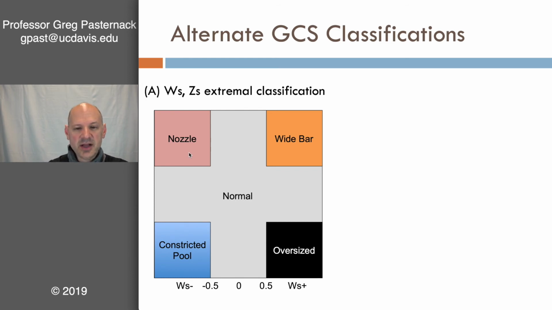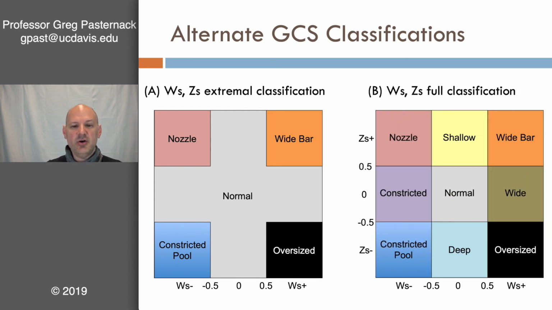We haven't found much use of it yet, but you could even go to a full 9-unit classification, which allows one variable to be average and the other one to be abnormal. So you could have just a constricted channel or wide or shallow or deep, but otherwise normal. I haven't done much research with those 4. We've played with it a little bit, but the main interest so far and what you need for flow convergence routing are these corners.